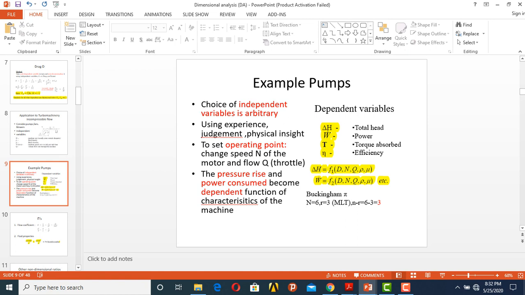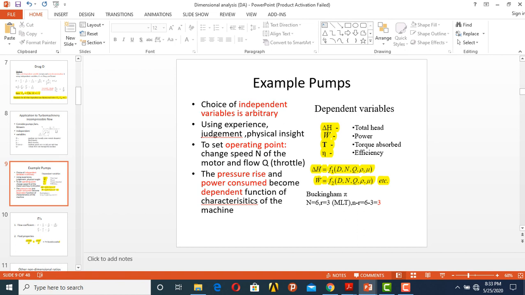So in our case, our basic elements will be density, the rotational speed, as well as the diameter of the pump. When we get the basic elements, which are 3, we want to find out how many non-dimensional ratios or non-dimensional groups we are going to get from these.